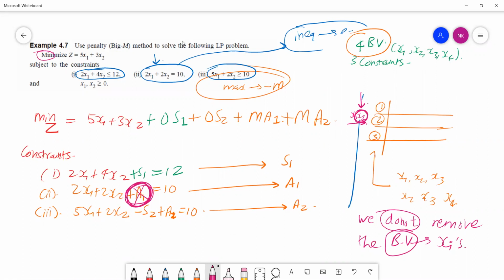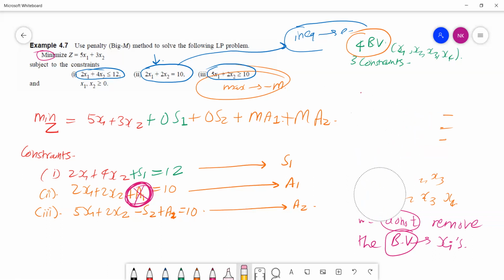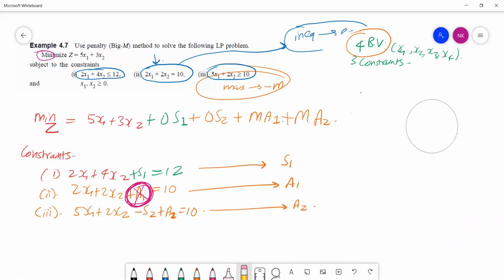Yes, sir. And sir, here we can also add and subtract, like minus a1 also can work, right? Minus a1 can also work, but the thing is that over here we generally don't put the constraint under negative signs, because if we use the negative sign, then it will work in the opposite direction. That is the advanced type of technique. But in this particular case, we are giving the penalty.